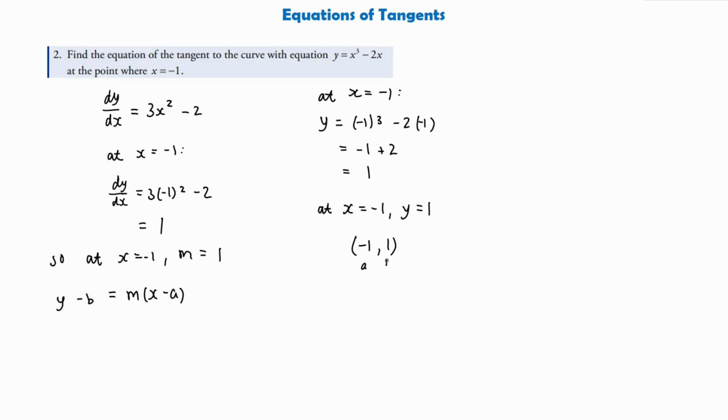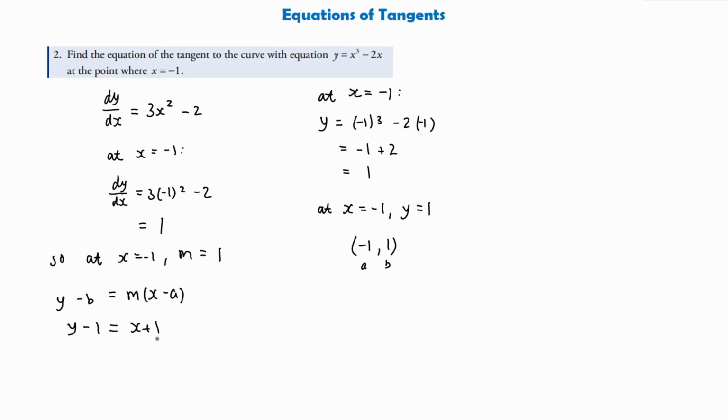In this case, this is our a and this is our b and this is our m. We're going to have y minus 1 equals, now in this case our m is just 1, so there's no need to write 1. We'll just do x minus a, which is just going to be plus 1 because it's minus 1. So it's going to be x plus 1.